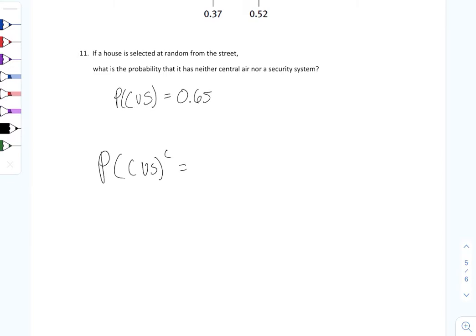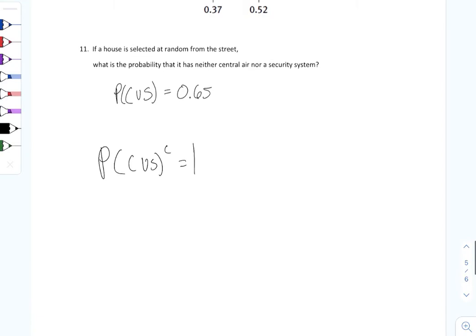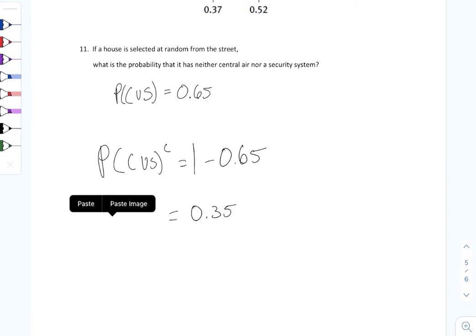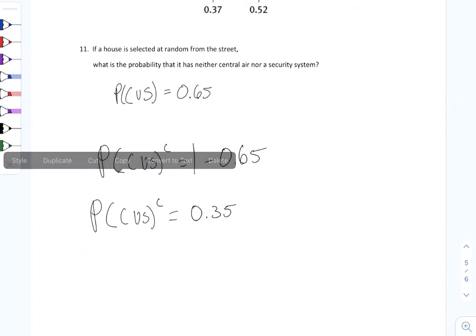Whenever you're finding the complement of something, you just do 1 minus that something. So in this case, we get 0.35, and that would be the probability of neither central air nor a security system.